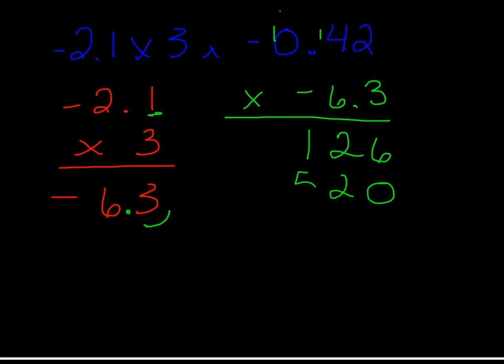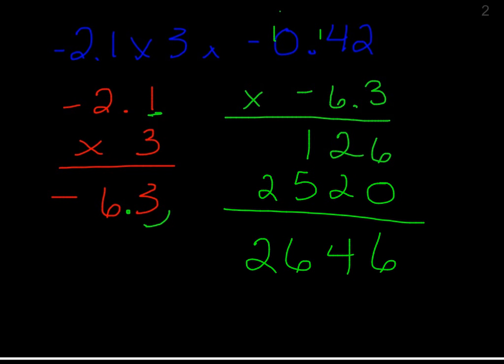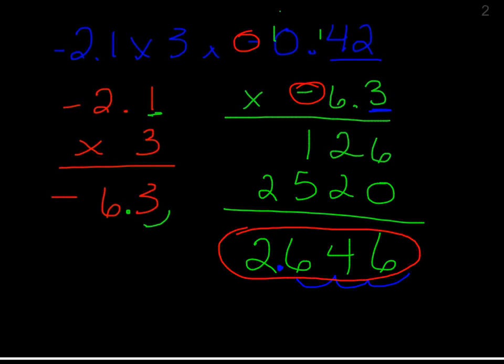Plus 1 is 25. Add those up and I get 6, 4, 6, 2. I have 3 numbers after a decimal, so I'd move over 3 places. And then I notice that this one is a negative and this one is a negative, so my answer is positive. So that is the answer.